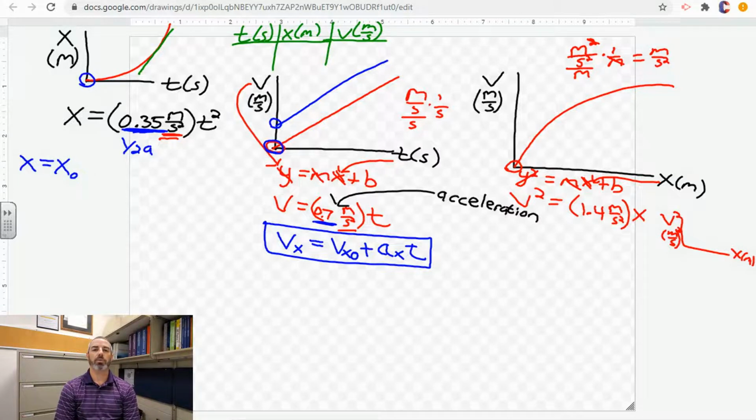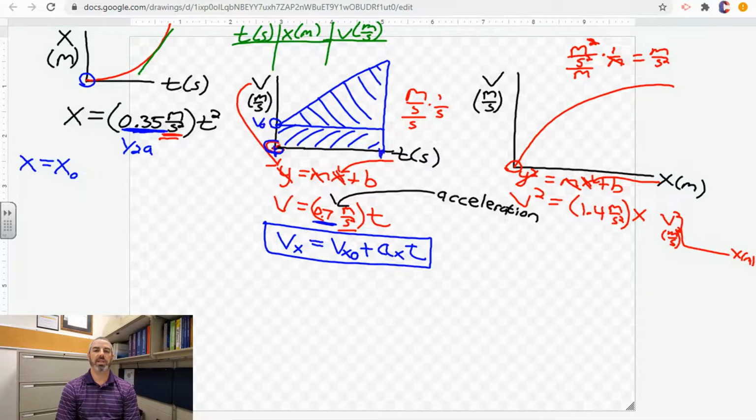To find the rest of the equation, we're going to use the velocity time graph. On a velocity time graph, the area underneath is the displacement, or the change in position. So I'll look at this area and break it down into a rectangle and a triangle, and add these two values to the initial position.